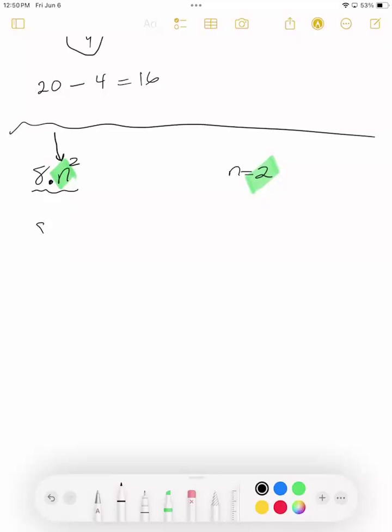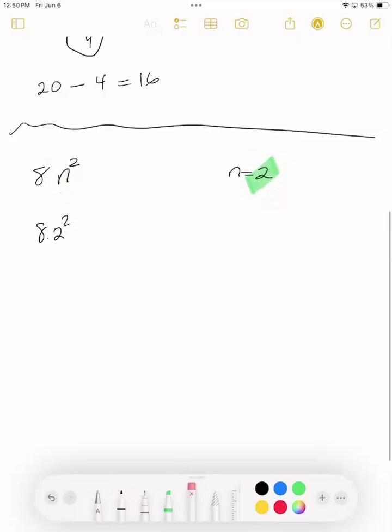So anyways, let's substitute. I have 8. If I write it like this, it's funny. What does it mean? It looks like 82 to the power 2. This is what the problem looks like in my lab, in ALEKS, and if you just go ahead and change that n to 2, it looks like that.